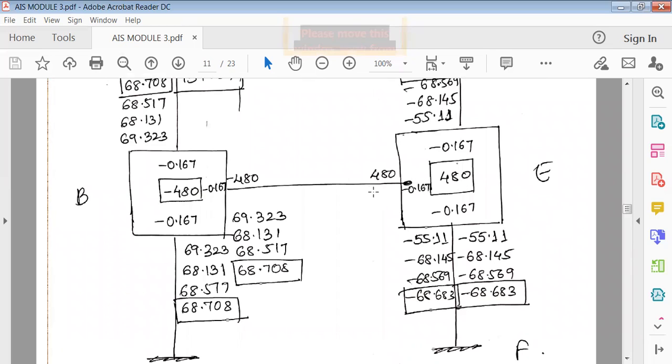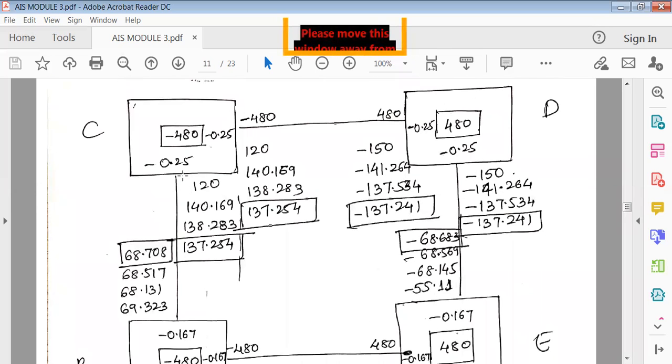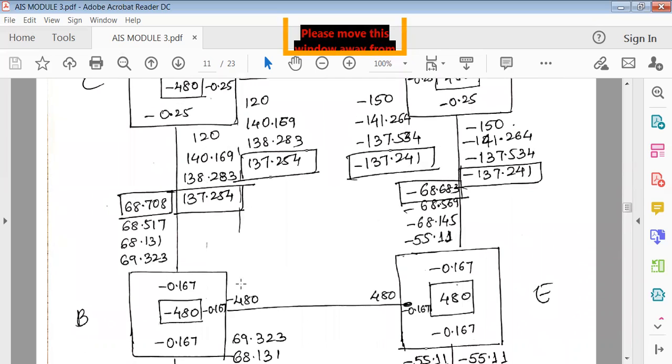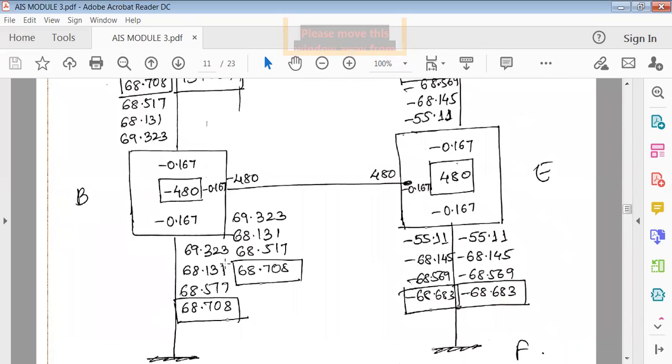Whatever moments exist here, we'll write here. So it is minus 480 minus 55.11 plus 120, which is already obtained here. If you add all of these, then into minus 0.167 is 69.323. Similarly, multiply again with this, so it is 69.323, and then here 69.323.